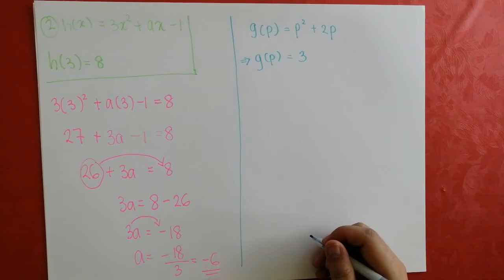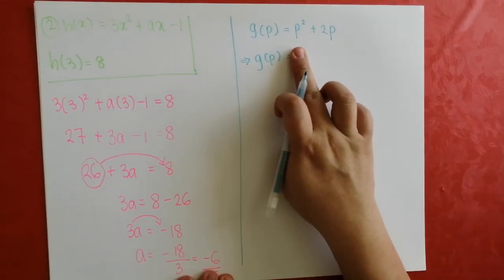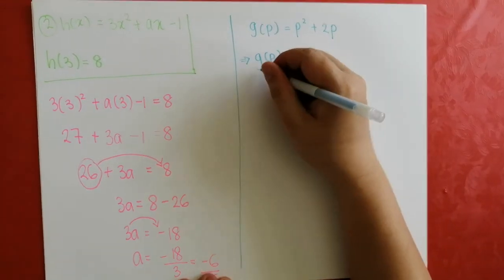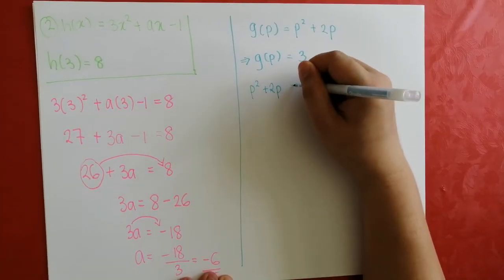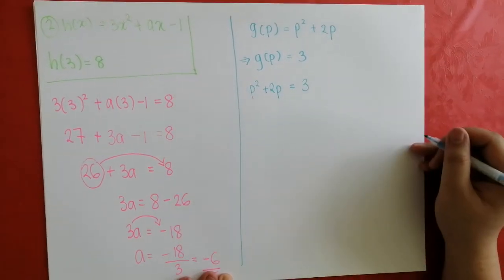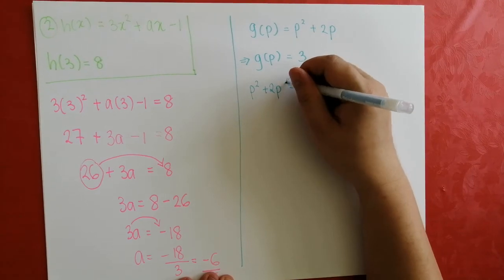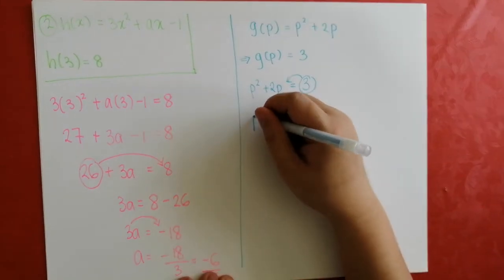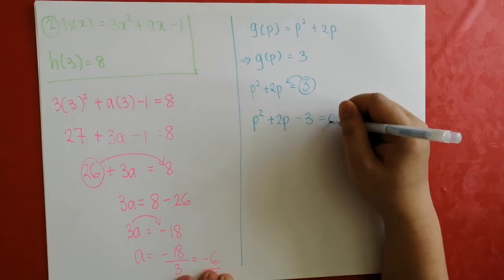We know g of p is p squared plus 2p. So we change g of p to p squared plus 2p, which equals 3. Since you are asked to solve, let's make it equal to 0. Move the 3 to the left, so you have p squared plus 2p minus 3 equals 0.